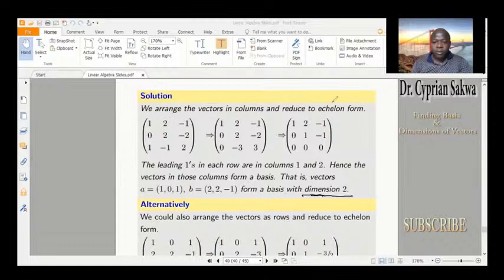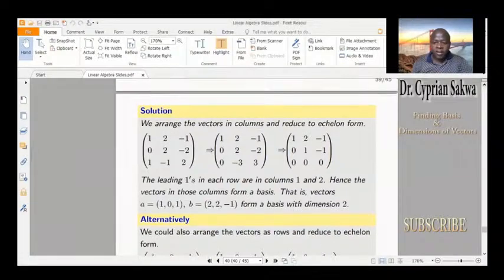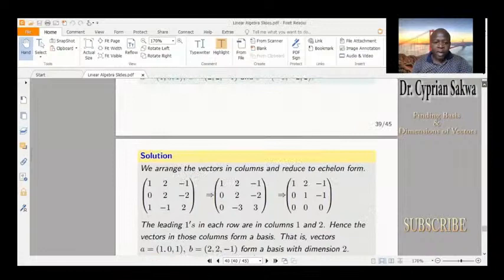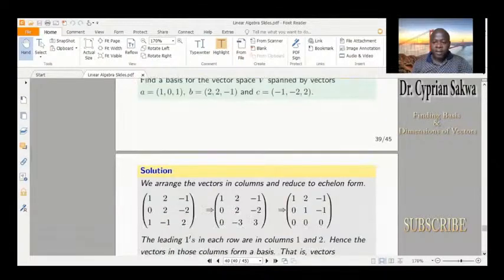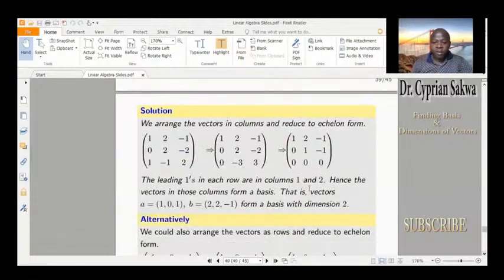So look at what we did. We were given vectors, and we decided to arrange these vectors in column form, and then reduce to echelon form, and then look at the leading ones. In which columns are the leading ones? We have the leading one in column 1, the leading one in column 2.